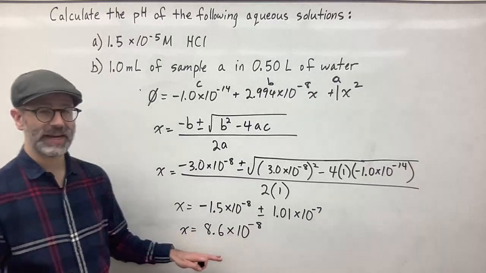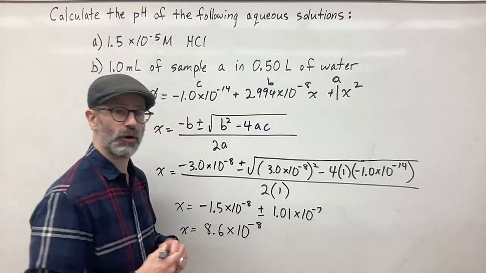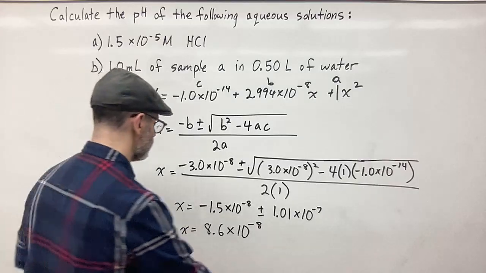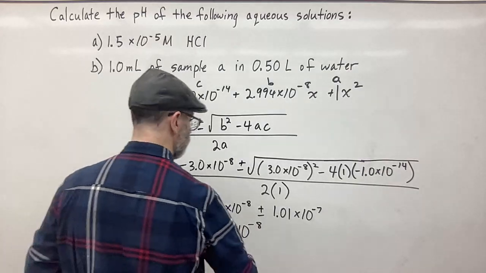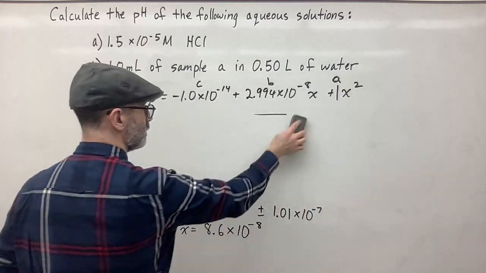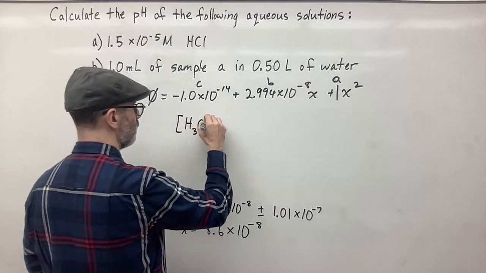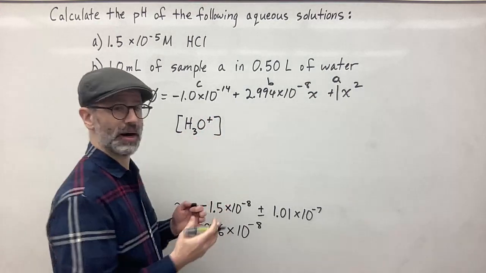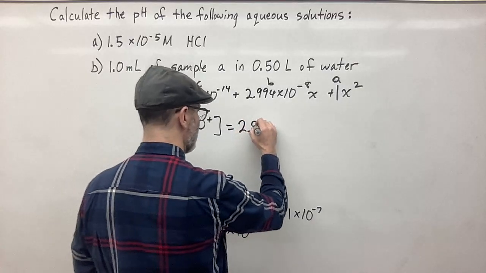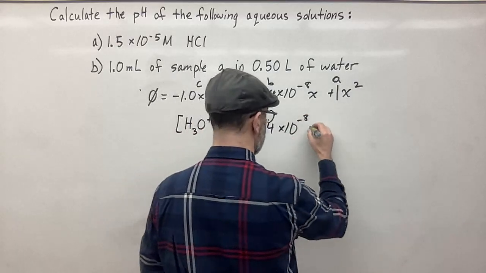So now that we found x from the autoionization of water, remember our H plus concentration, or our hydronium ion concentration, was in terms of x, right? So if you remember before I erased it, the H plus concentration, or the hydronium ion concentration in our ice table, that was equal to 2.994 times 10 to the negative 8 plus x.